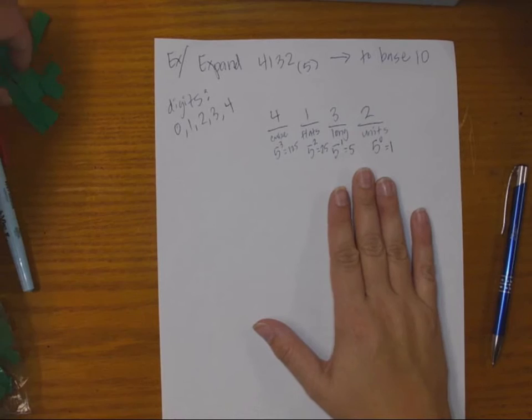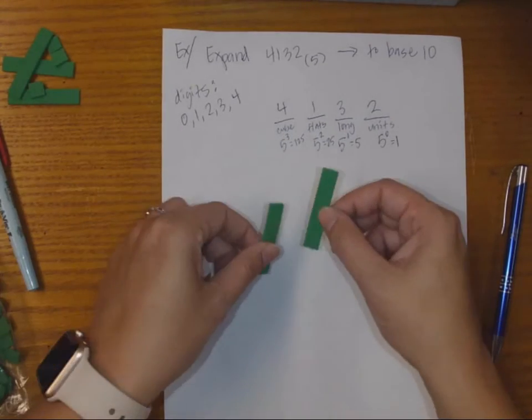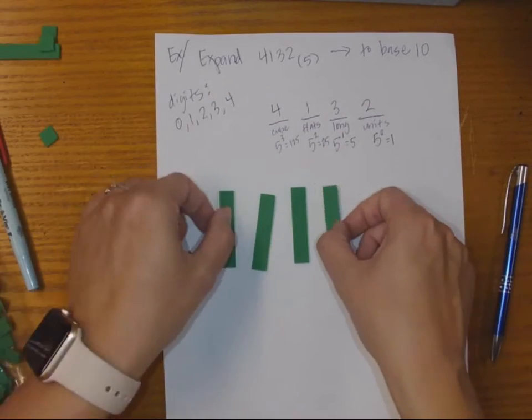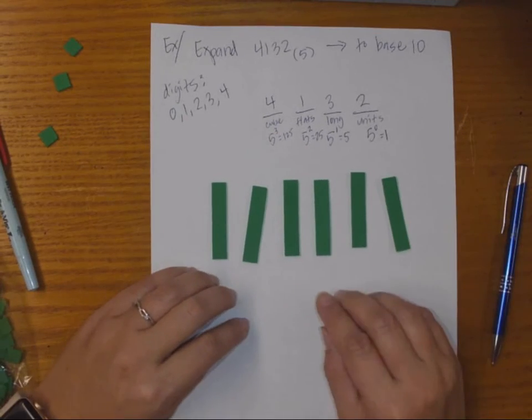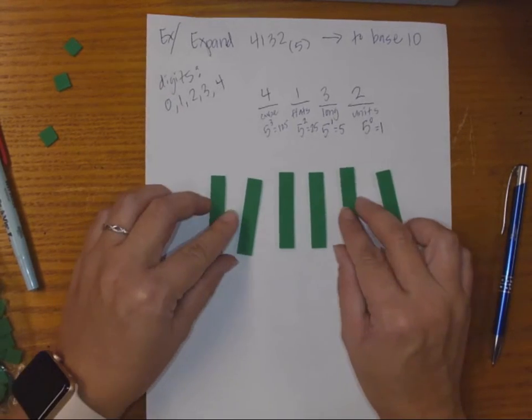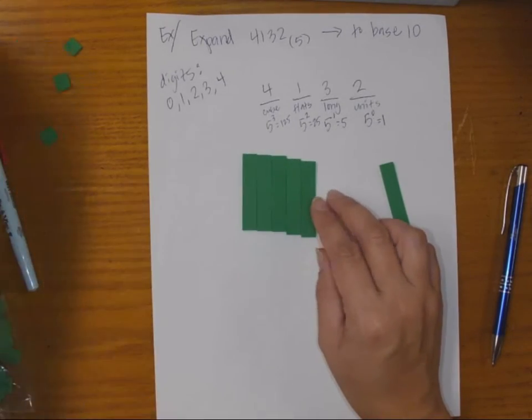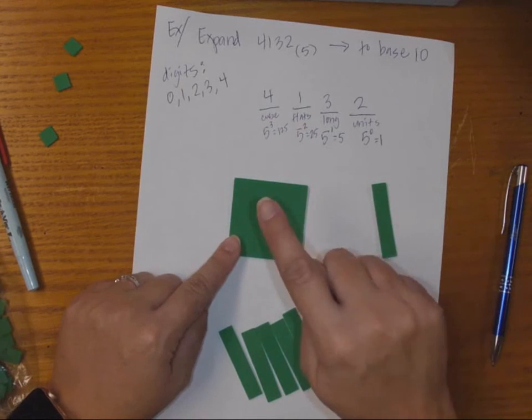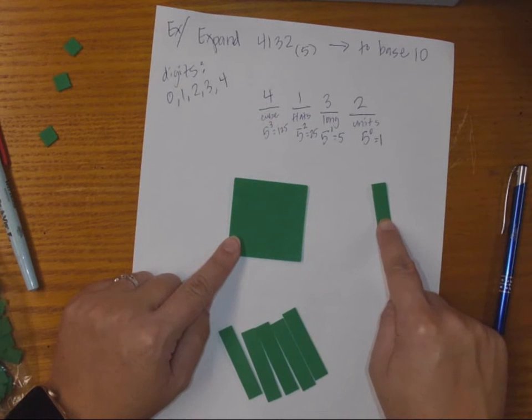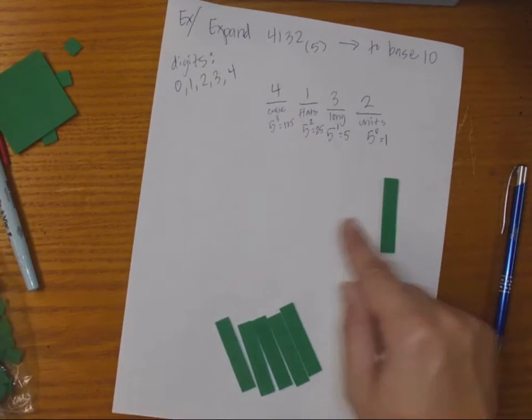And the reason why is because if I had, let's say, 6 longs, if I was in base 5, I wouldn't put 6 longs down. I would group these together and turn them into a flat. And so 6 longs is actually 1 flat, 1 long. Does that make sense? I hope so.